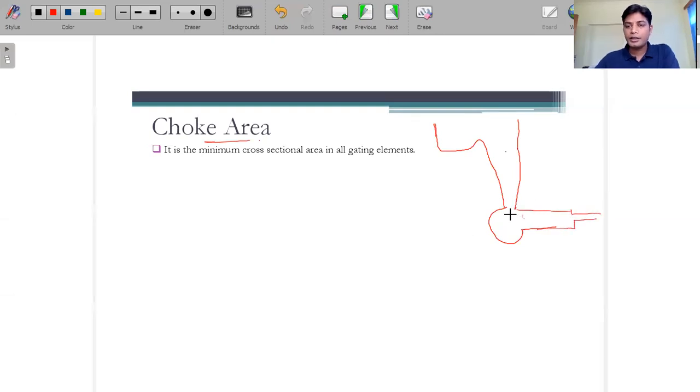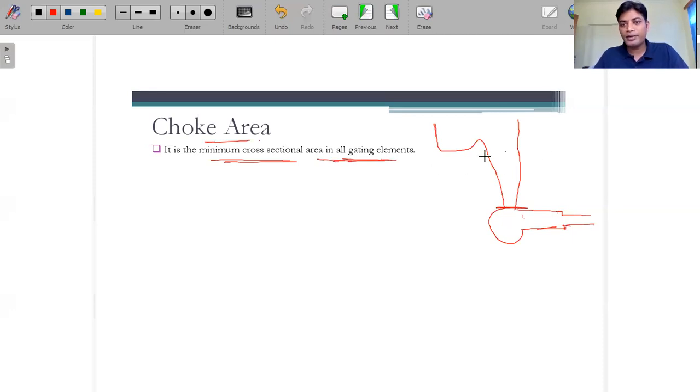Here the choke area is defined by the minimum cross-sectional area in all gating elements. So if you see here, this gate we are using. This is the minimum cross-sectional area in all gating elements.